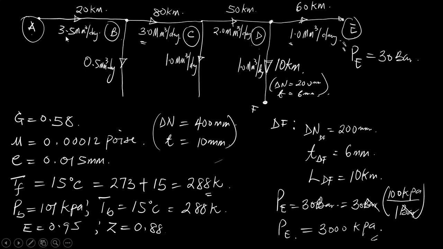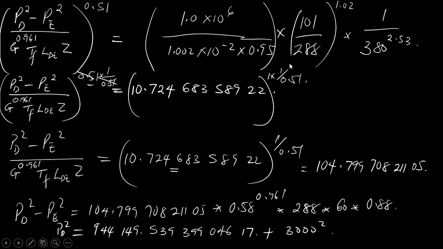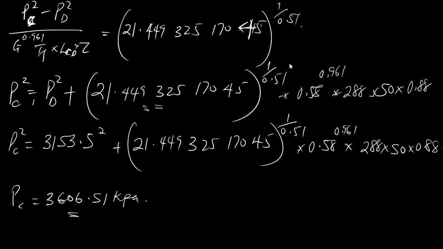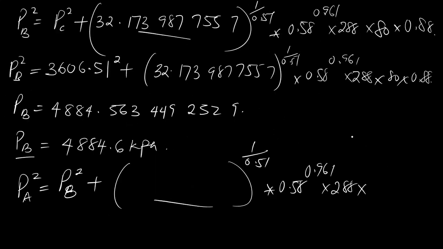So over here is 3.5. So we're going to use 3.5 to get that value there. So here is 50 and 20 kilometer times 0.88. So now we know this PB to be this whole thing.